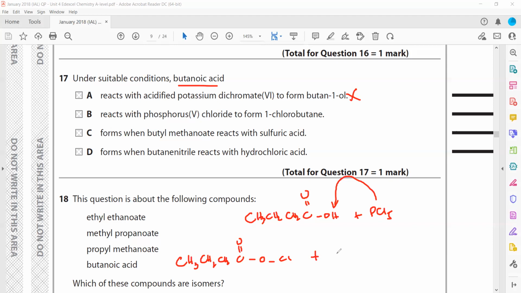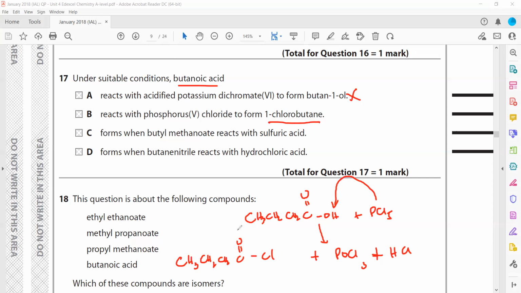plus POCl3, sorry, C double bonded with O and Cl, not OCl, C double bonded with O and Cl, acyl chloride, plus POCl3 plus hydrogen is also removed with one of them combined, so it will give HCl. So they mention if it reacts with phosphorus pentachloride, it will form chlorobutane.